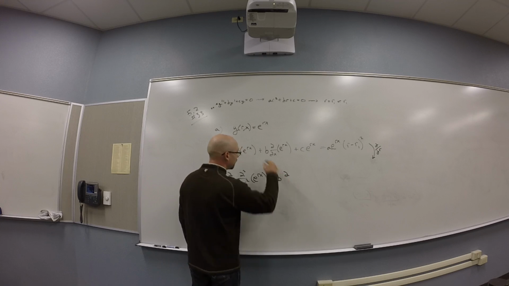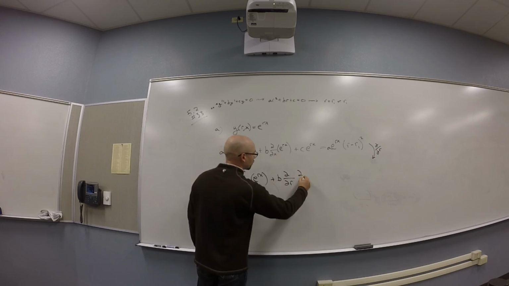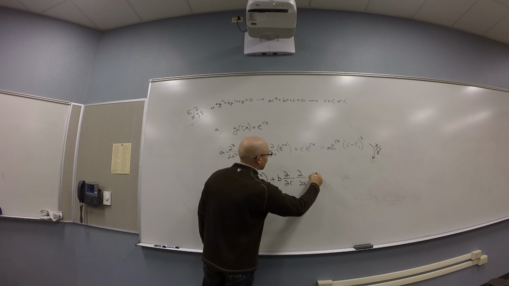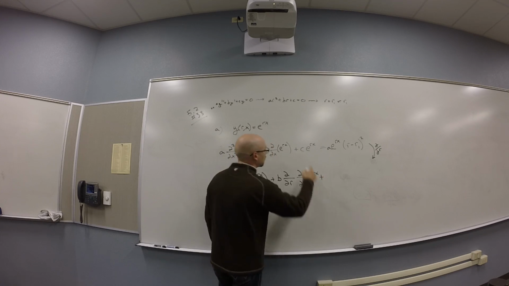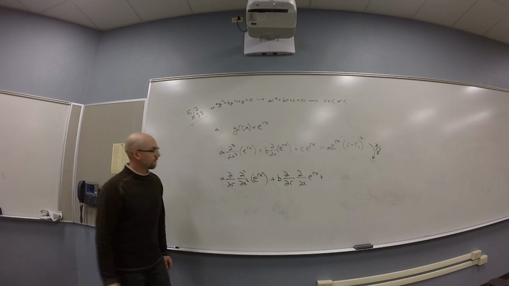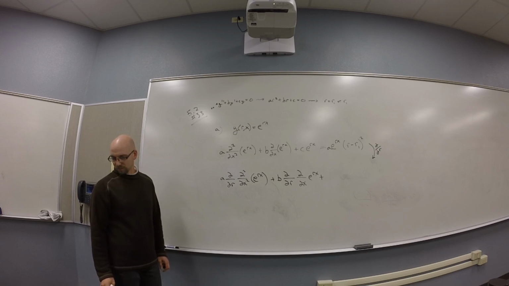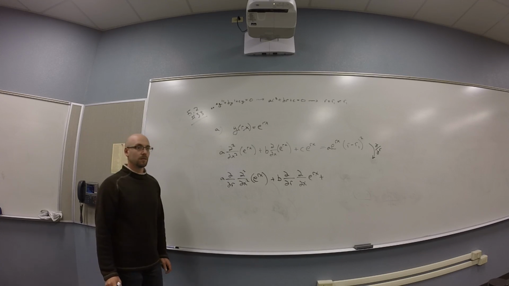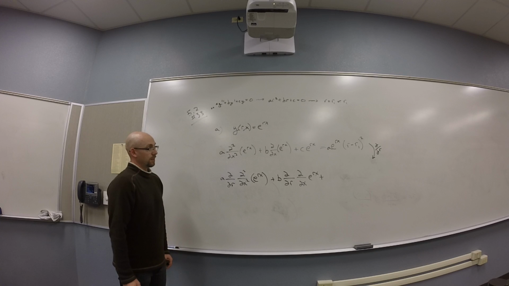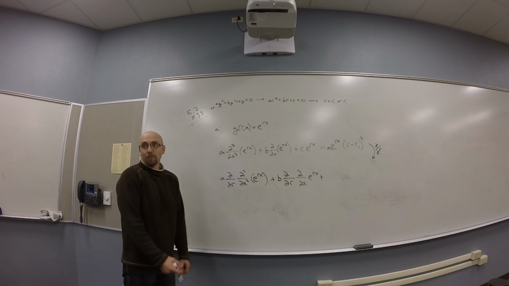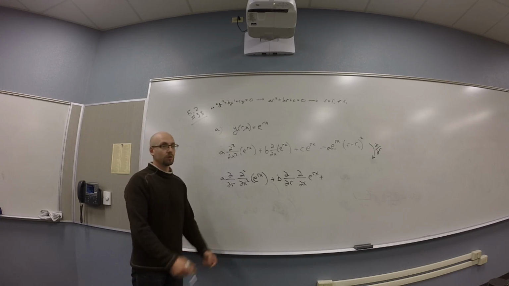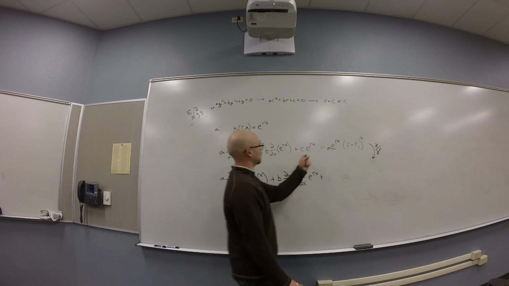So I got b, partial with respect to r, partial with respect to x, of e to the rx, plus, how about that last guy? Can you hit that one? Yeah, I think that one you can hit, right? It doesn't have a partial, so you don't have to worry about which partial you're doing. Just differentiate.